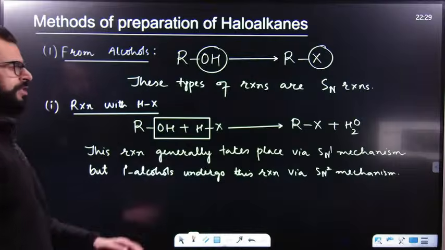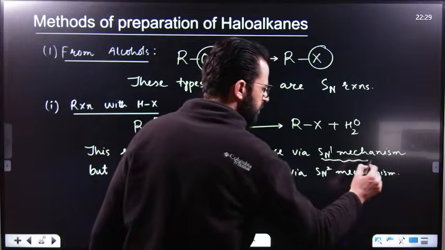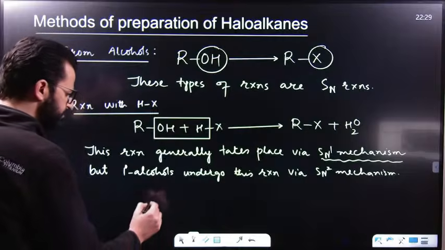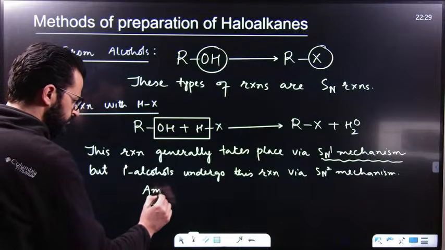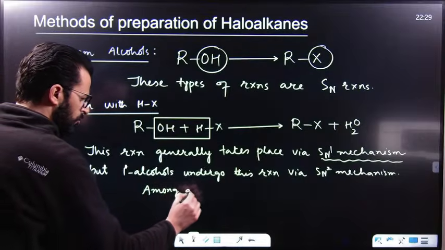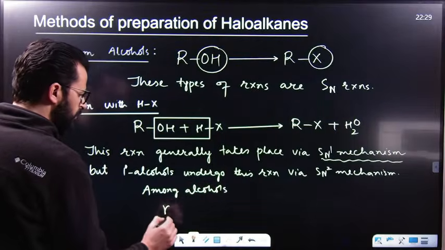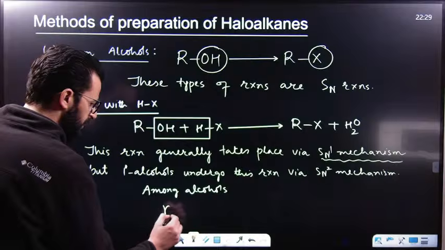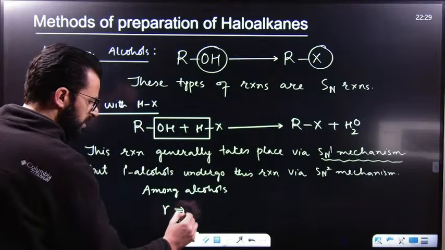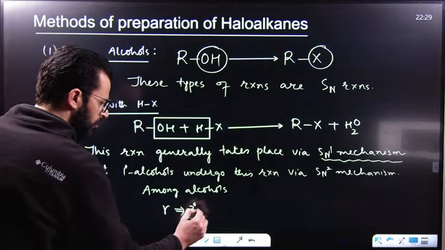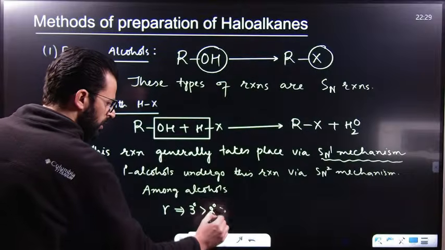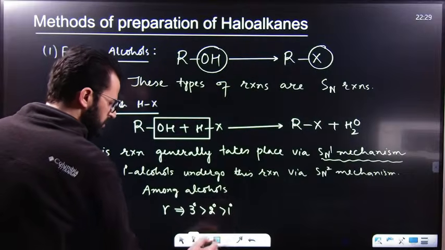As this reaction is generally an SN1 reaction, among alcohols the rate of this reaction will be 3 degree alcohol greater than 2 degree alcohol greater than 1 degree alcohol. Remember this.